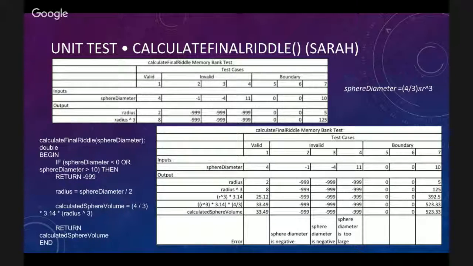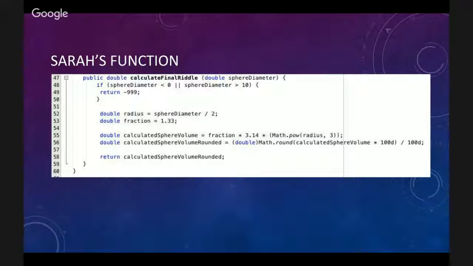With our invalid inputs, it stops. It tells us that this is not within the bounds of an input that has been defined in the code, and we can't keep moving on with the function. And our boundary inputs, again, are within the boundaries of 0 and 10, and so it gives us a real answer.